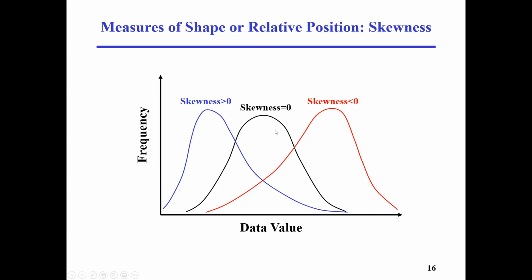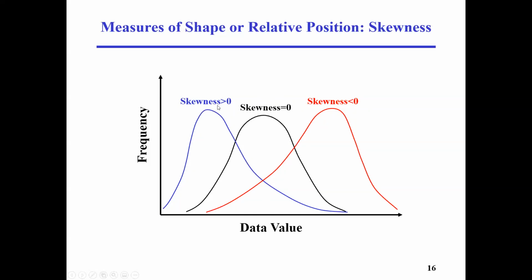They are used to show the shape of the 3 data sets. Let's assume data set 1 has a skewness of 0, which means there is no skewness for this data set. So you can say that this black curve is symmetric.